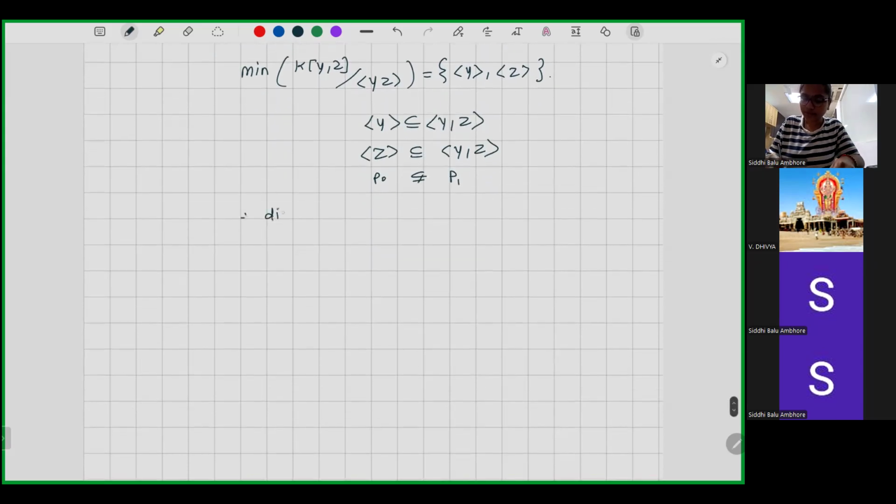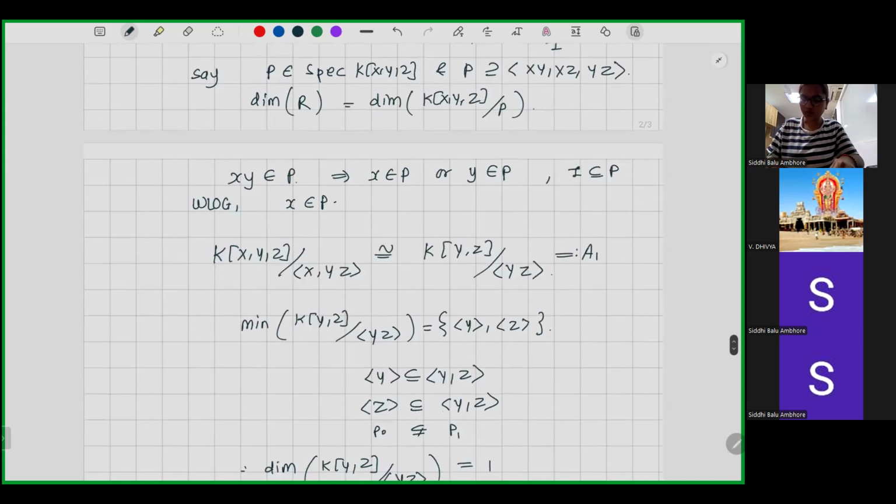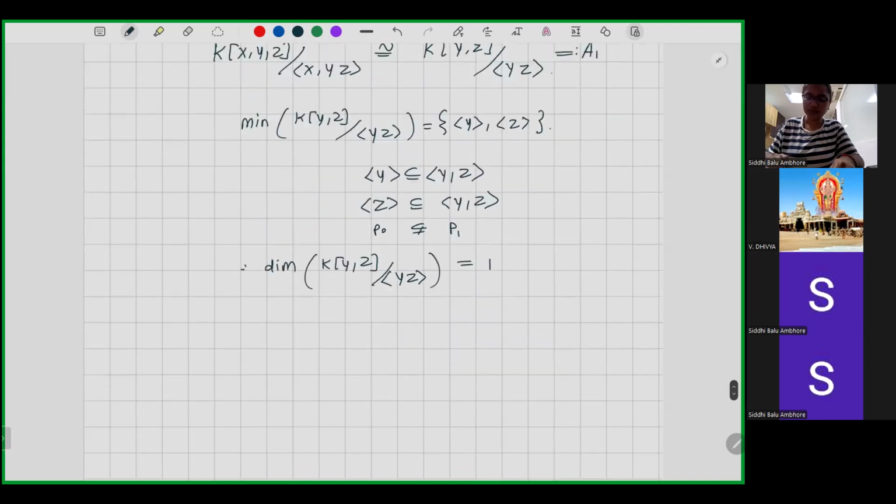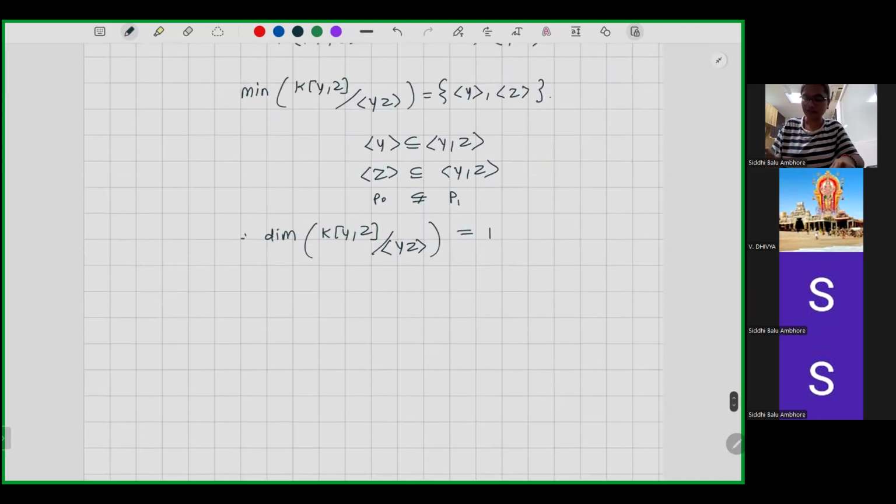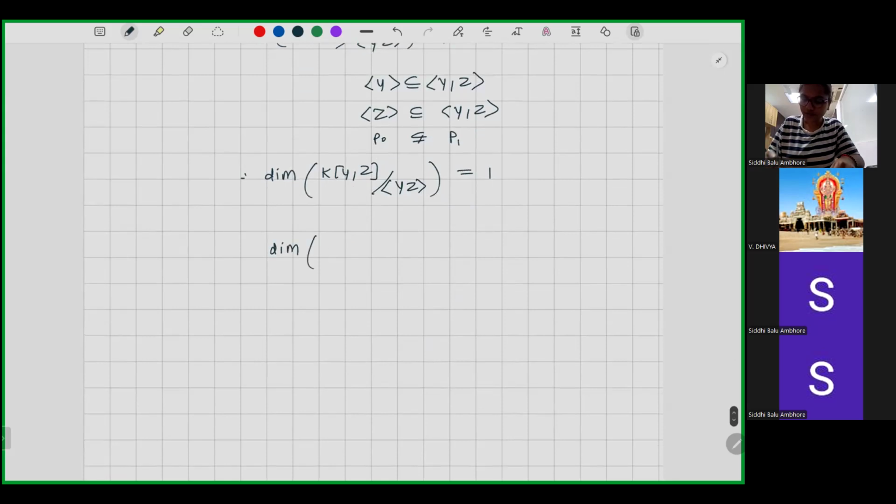Therefore, the dimension of k[y, z] quotiented by yz is 1. And since these two are isomorphic, I get that the dimension of k[x, y, z] quotiented by (x, yz) is 1.